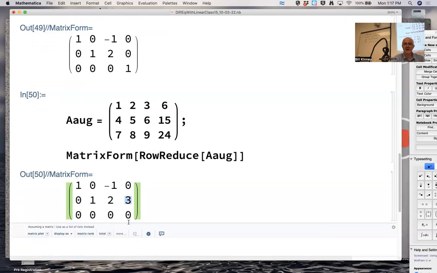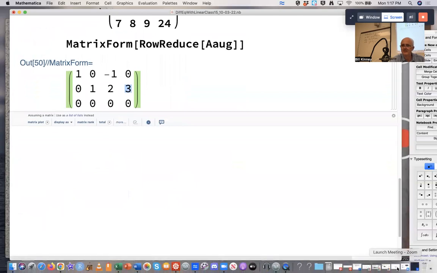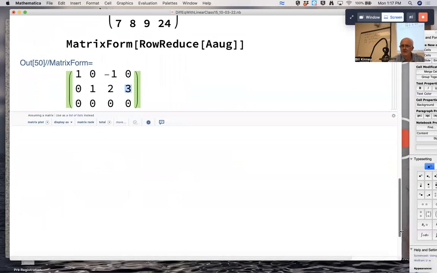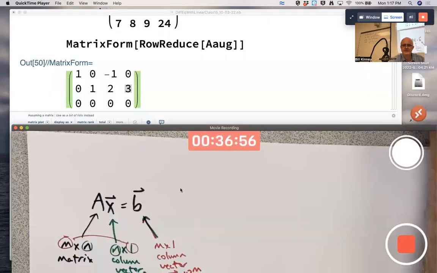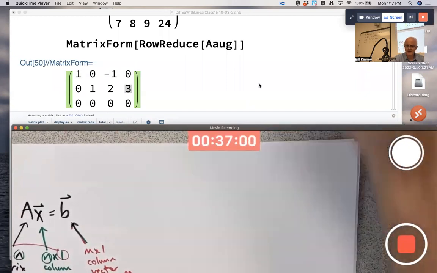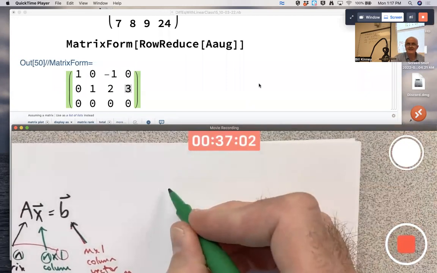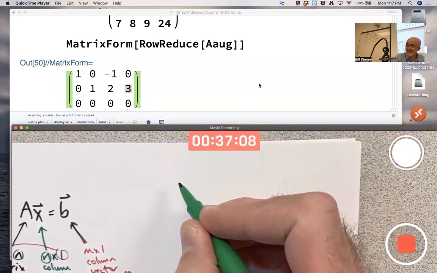Let's go ahead and write that solution set in parametric vector form and emphasize something else here. So for this example, you're going to write the solution set in parametric vector form. This is not a kernel because it's not a homogeneous system, but it's related to the kernel. That's why the kernel is important.